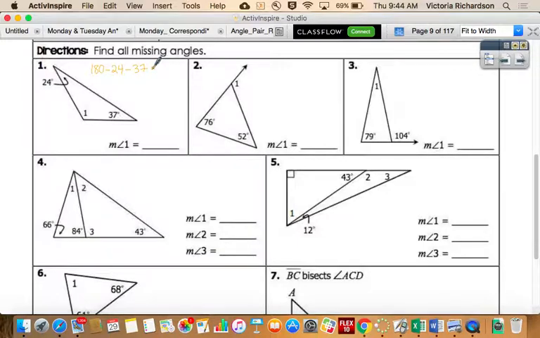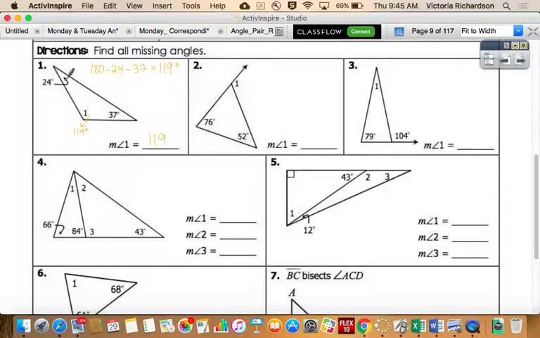And when you do that, you get 119. And you can just do that on your calculator. So this missing angle right here is 119 degrees. And if you add this one plus this one plus this one, you get 180.